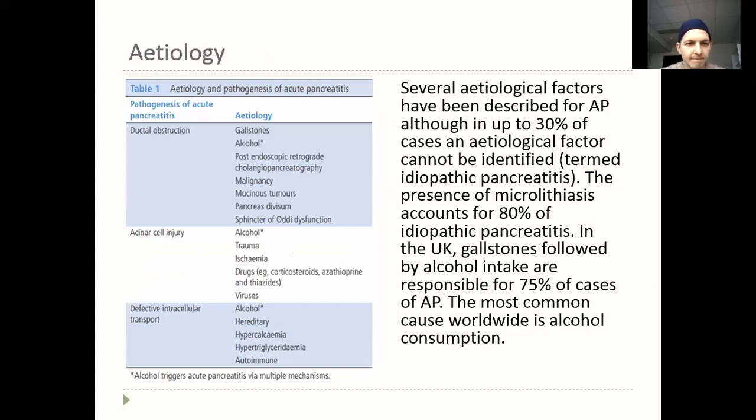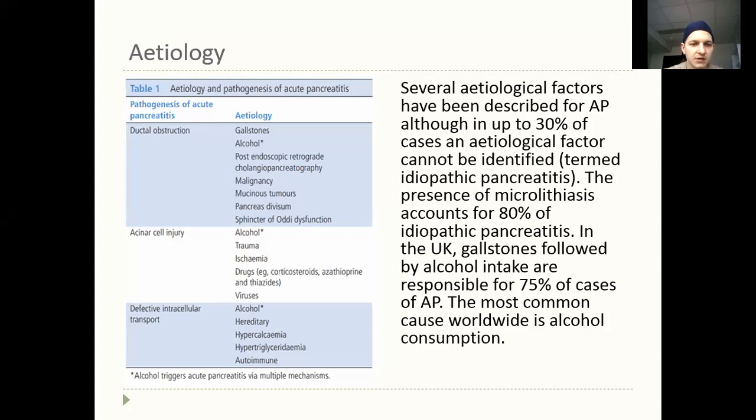Etiology. For ductal obstruction, we have etiology of gallstones, alcohol, post-endoscopic retrograde cholangiopancreatography, malignancy, mucinous tumors, pancreas divisum, sphincter of Oddi dysfunction.